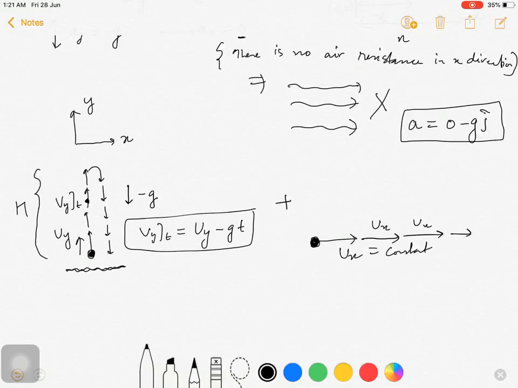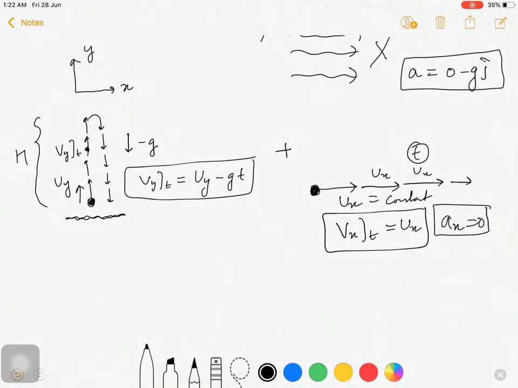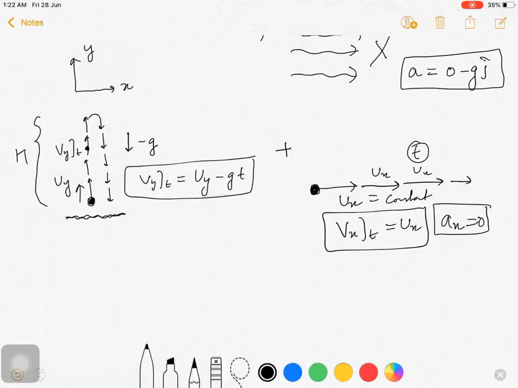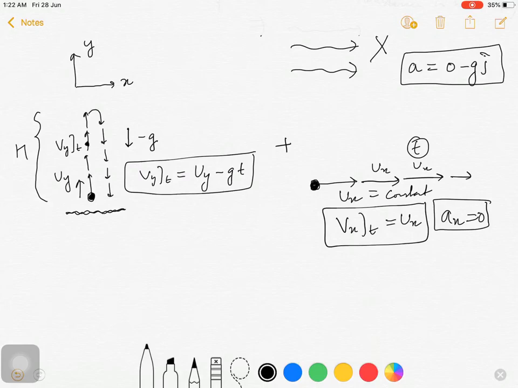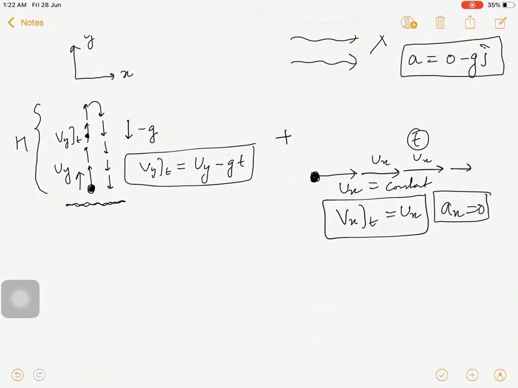So at time t, the velocity in x direction is nothing but ux, because acceleration is equal to 0. Now we have seen that the velocity in x direction at time t is ux, which is constant, and the velocity at time t in y direction is nothing but uy minus gt.